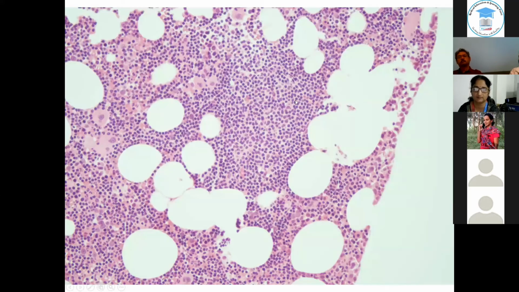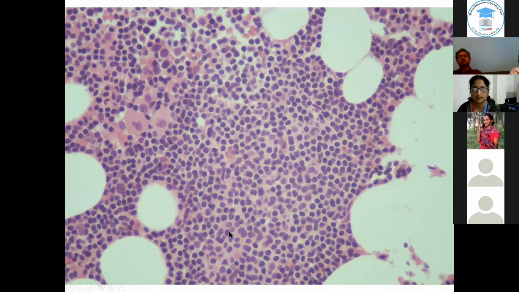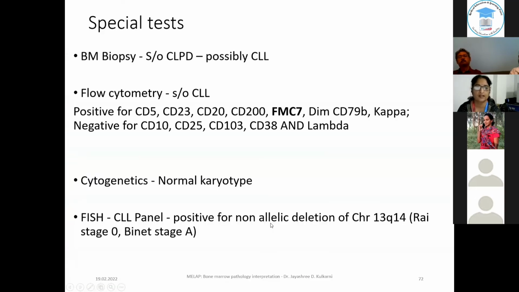And here you can see that vague nodule which Dr. Sanjay was telling about. Whenever you see a nodule of lymphoid cells, you need to be aware that you might be dealing with a neoplastic process. The bone marrow biopsy was also suggestive of a chronic lymphoproliferative disorder, correlating with the peripheral smear and bone marrow aspirate, possibly a chronic lymphocytic leukemia.